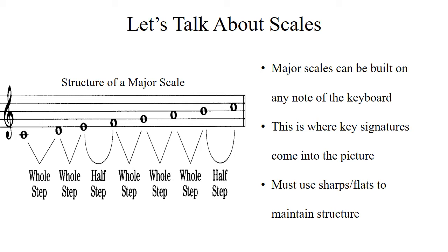And I'll give you the hint that the only scale that we can build using that structure that won't have any sharps or flats in it is C major. All the other ones on any note on the keyboard must have a sharp or a flat in it to maintain our structure. So that's kind of where our key signatures begin to come into the picture, because we have to add our sharps and flats to maintain our major scale structure.